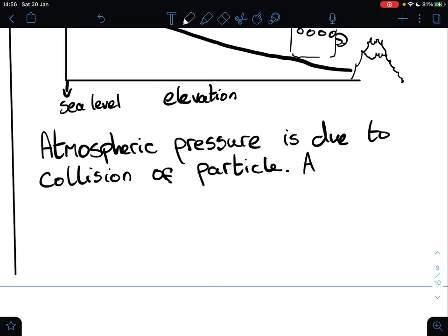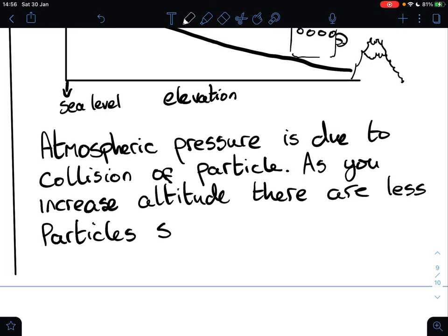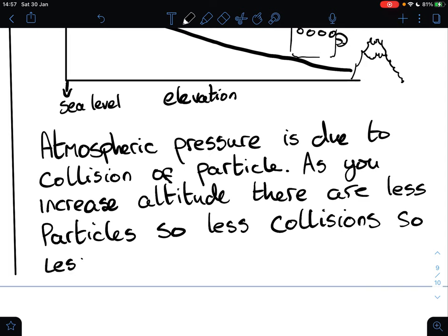As you increase altitude, there are less particles, so less collisions, so less, I'm sure this isn't grammatically correct, so less pressure.